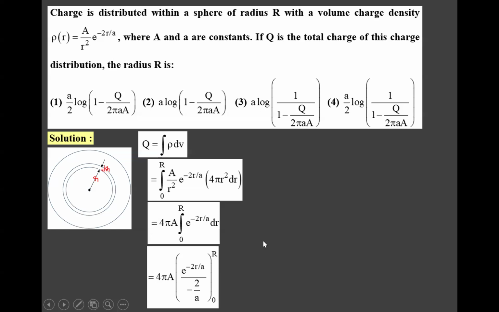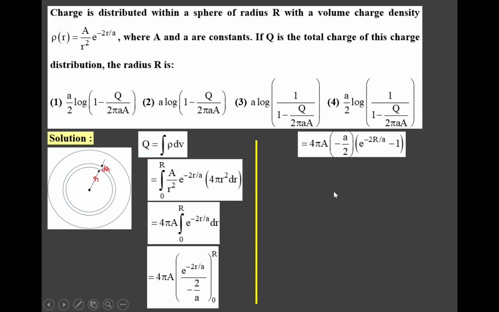Now, if we substitute the limits here, then we will get 4 pi A into this minus 2 by a, which one is in denominator, that we can write in numerator as minus a by 2, e raised to minus 2R by a.